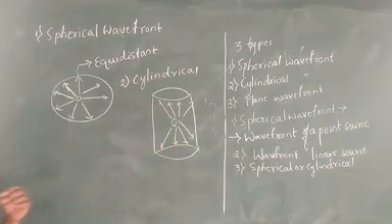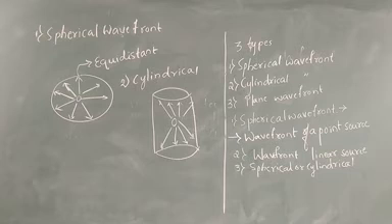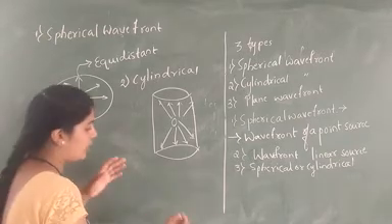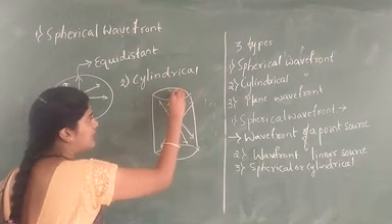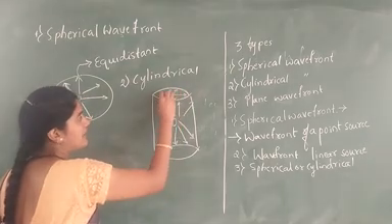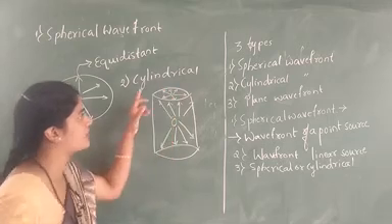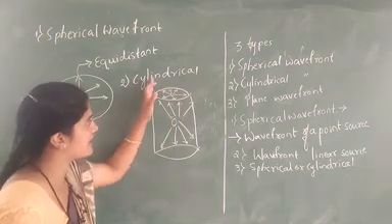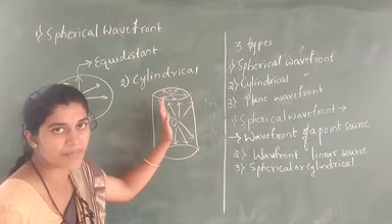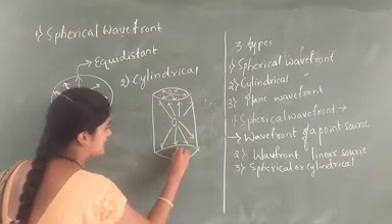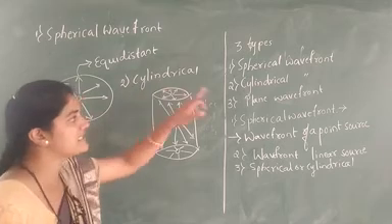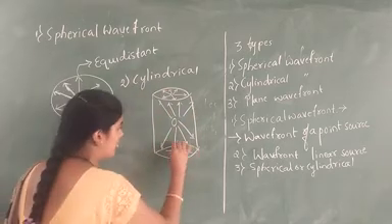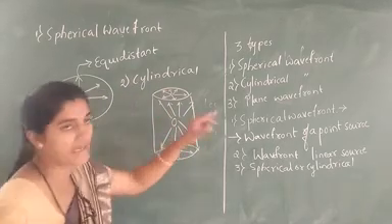Here also the particles are moving at equidistance. If they are at equidistance, we call it cylindrical. In the cylindrical wavefront, we consider the linear part of the source.